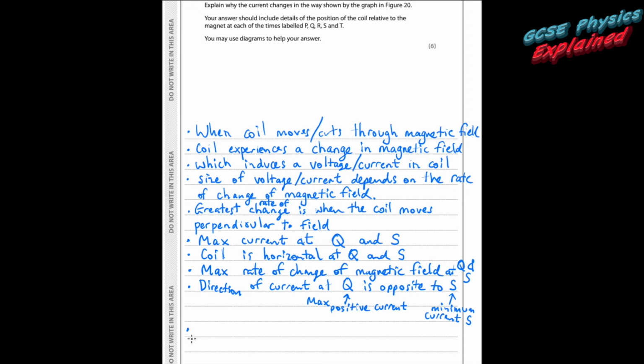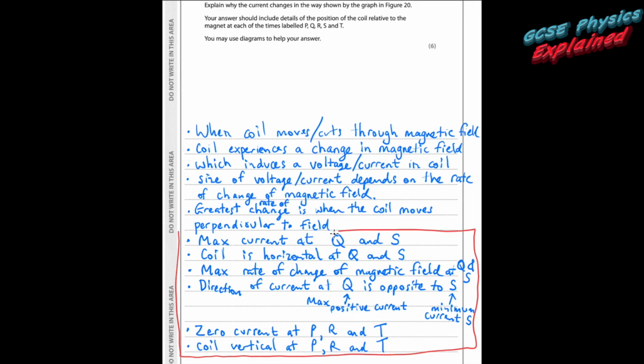And we had 0 current at P, R and T. And that's when the coil was vertical at P, R and T. So you decide which way you'd rather go. This way kind of avoids more of the theory. This top part here is more of what the theory is all about.